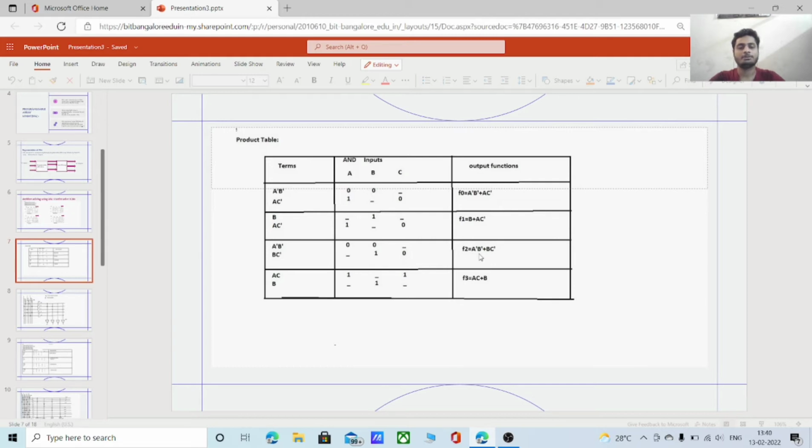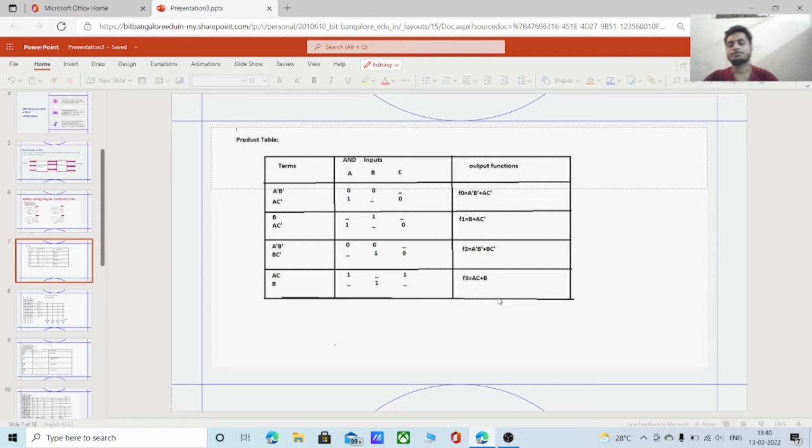F2 is A complement B complement plus B into C complement. And the fourth function, F3, is equal to AC plus B. AC: in place of A it's 1, B it's a dash, and C it's 1. And for B, in place of A it's a dash, B it's 1, and in place of C we put a dash. So F3 is AC plus B.